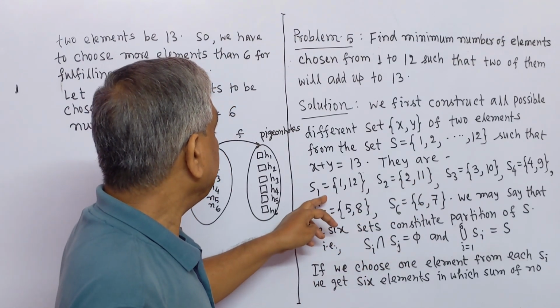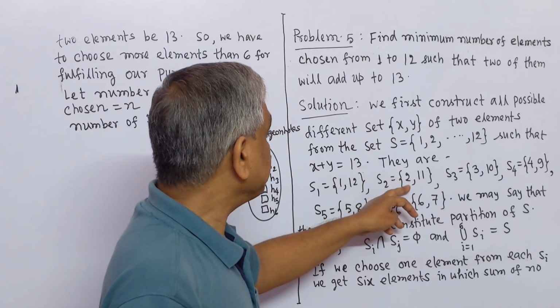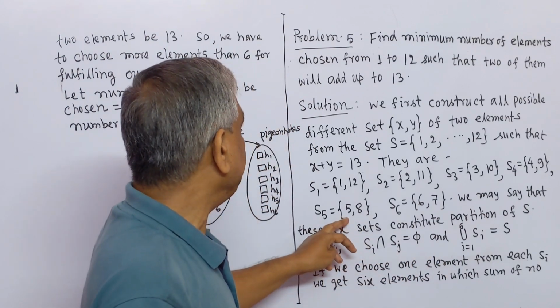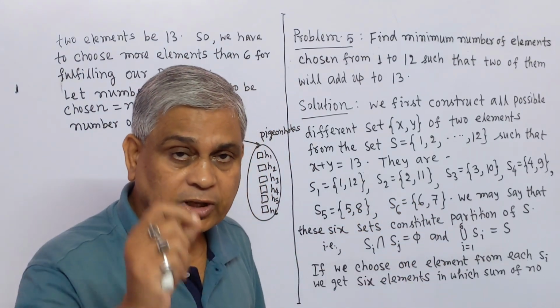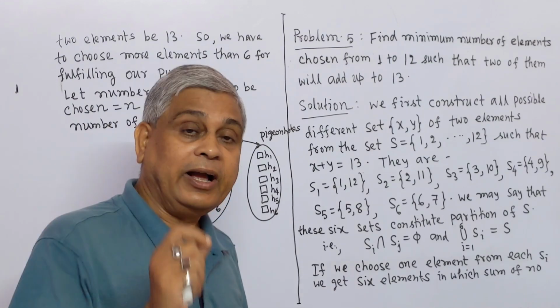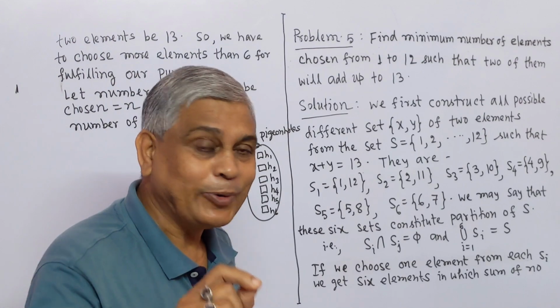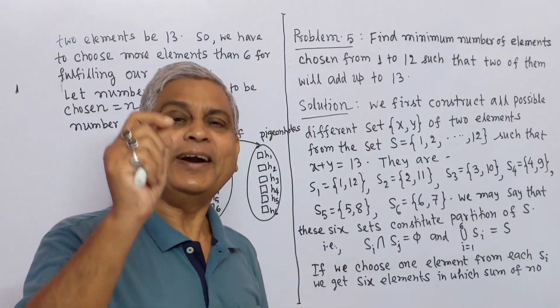If we take one element from S1, one element from S2, one element from S3, one element from S4, one element from S5, one element of S6, then we get 6 elements. And we may also check that no such 2 elements sum to 13.